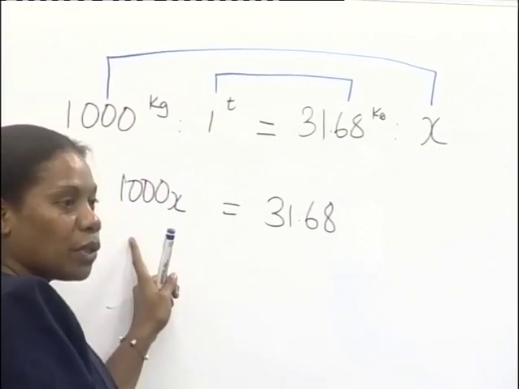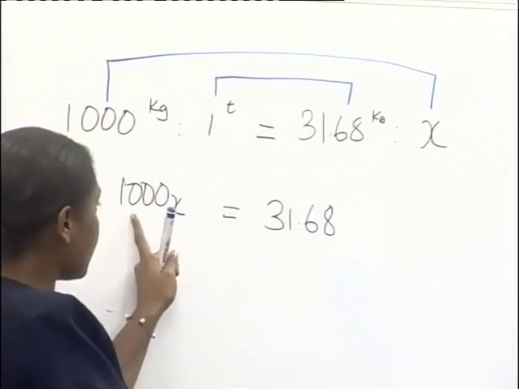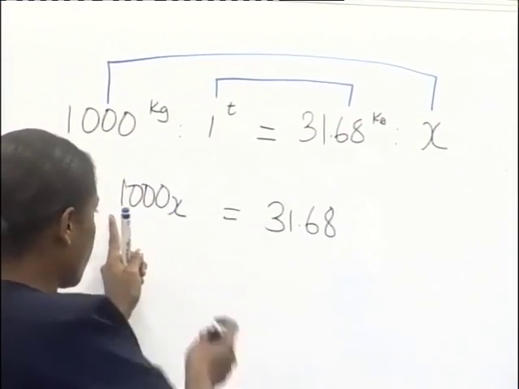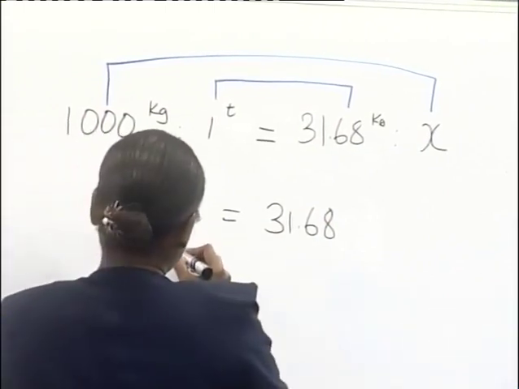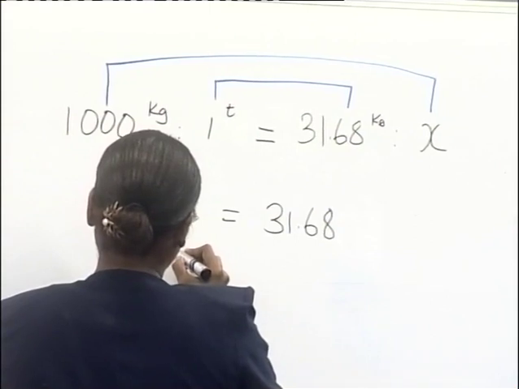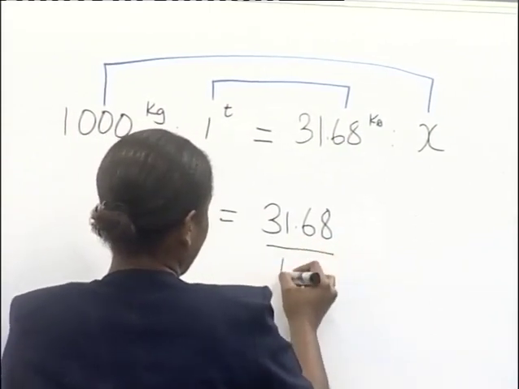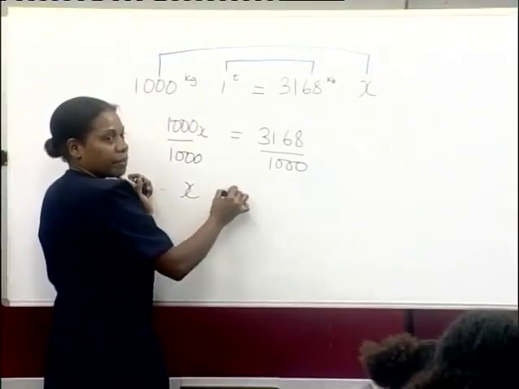Okay, now what do we do? Divide by 1,000 because we want to get rid of the 1,000 to have X. I hope I'm correct. So what do we do here?